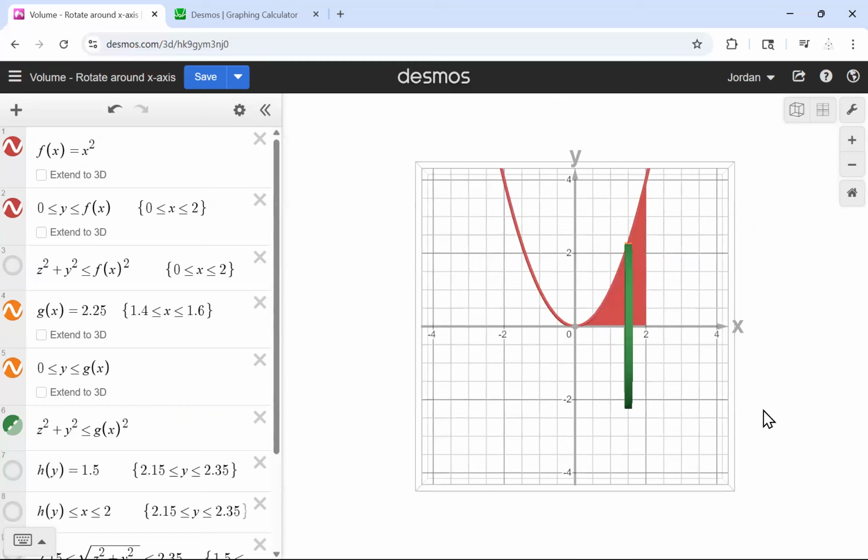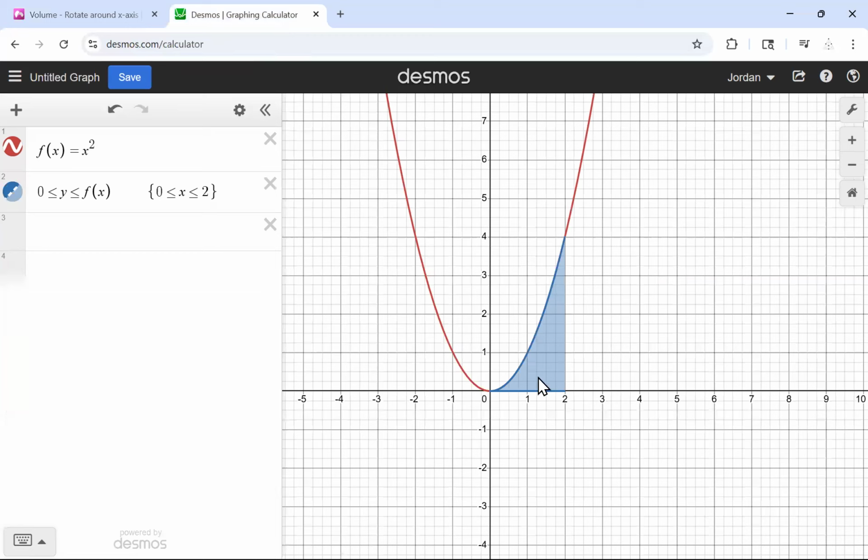Oftentimes when I'm doing this, what I'll do is I will draw this in 2 dimensions, and then I'll rotate it around just in my head. So I'll draw the area, and then I'll draw one rectangle in there as kind of a demonstration rectangle.